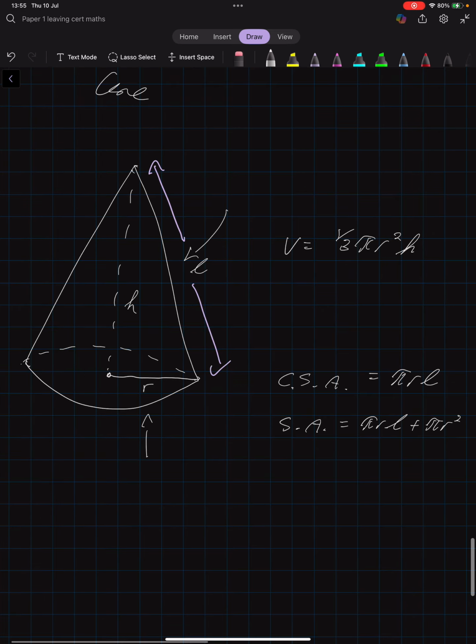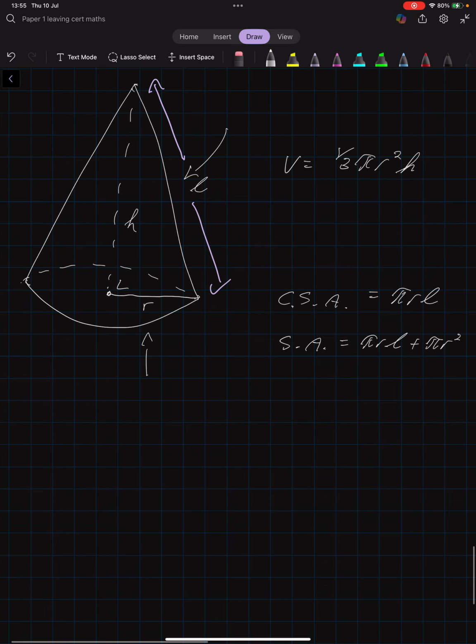And if you use Pythagoras' theorem, I'm assuming you know this from junior cert. If not, I've also made videos about Pythagoras' theorem for paper 2, not paper 1. But basically you have that l squared is equal to h squared plus r squared, and therefore l is just the square root of h squared plus r squared. So that's what l is up here.